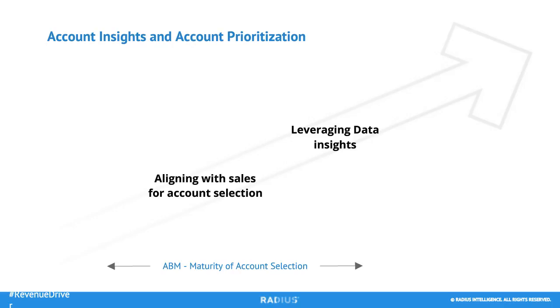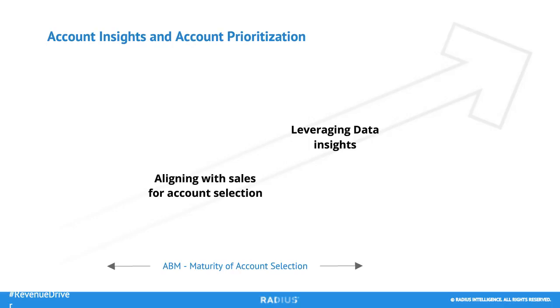Then as people progress in their strategy, they align sales and marketing to come up with account selection. Marketing brings the strategy aspects to the table of what accounts may be most likely to convert, understanding our ICP, and then works with sales to vet that based off of what they're hearing on the street.